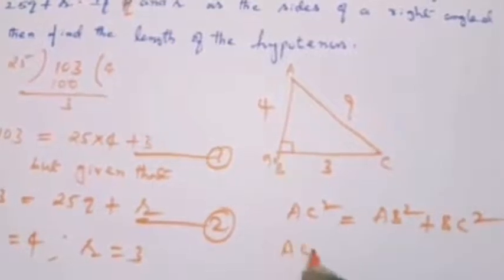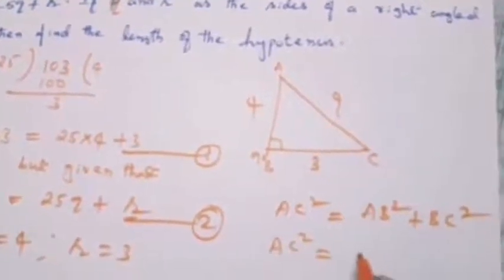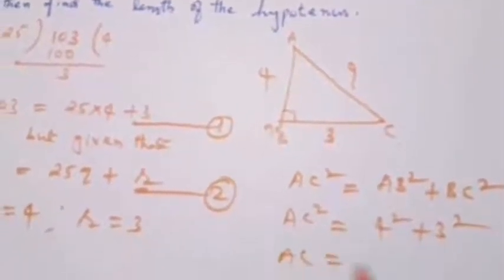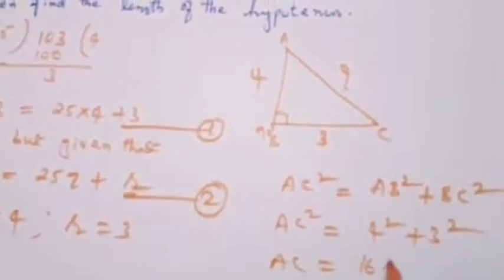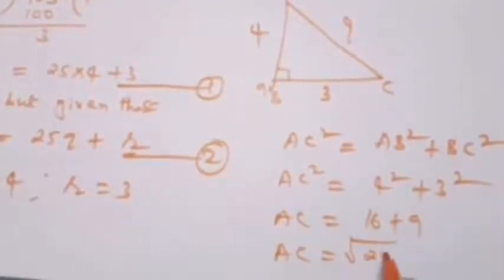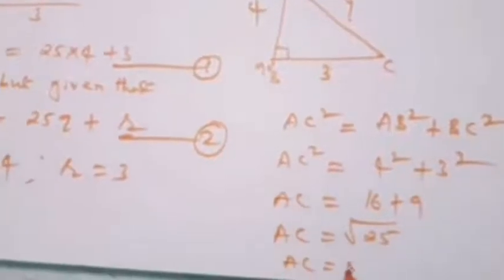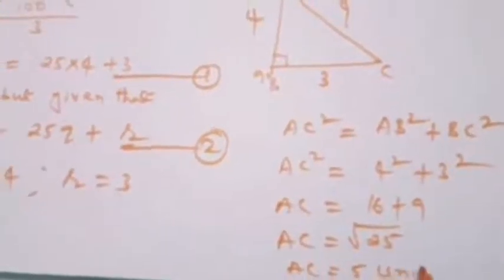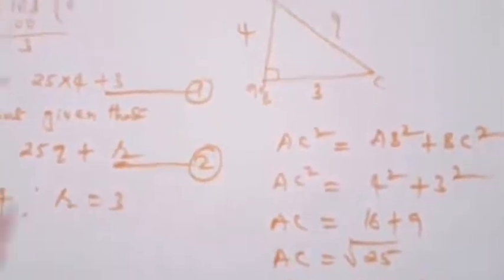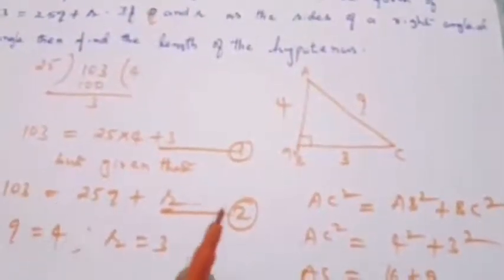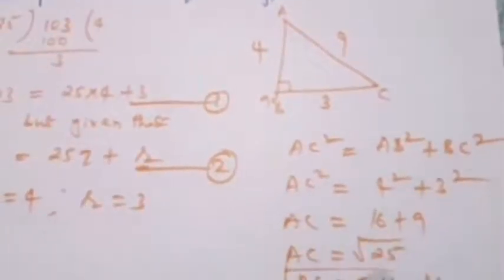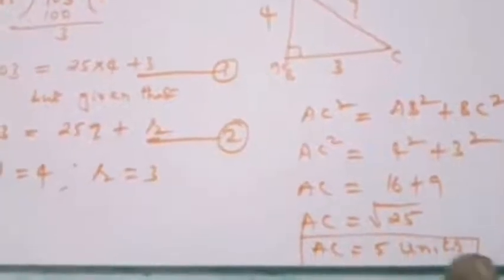AC I don't know, AC square I need to find. AB is 4 square, BC is 3 square. Now AC square is 4 square 16, 3 square is 9. Now AC equals square root of 25, AC equals 5 units. Because it did not specify the measurements either in centimeters or in meters, that's why I wrote AC, the hypotenuse, is 5 centimeters.